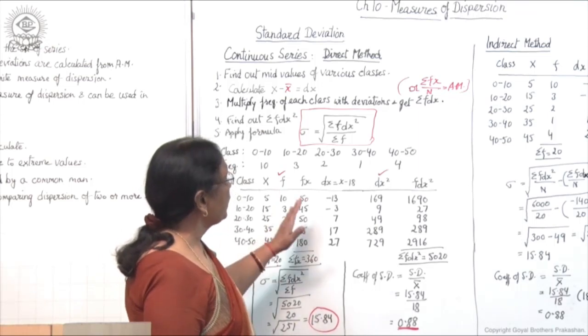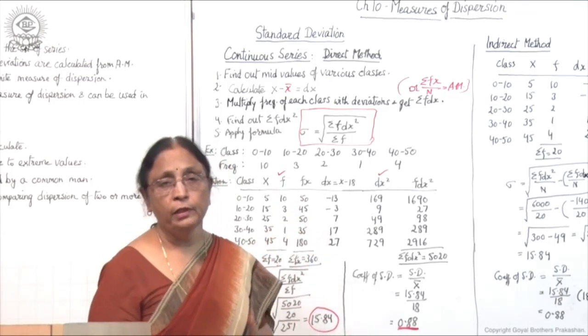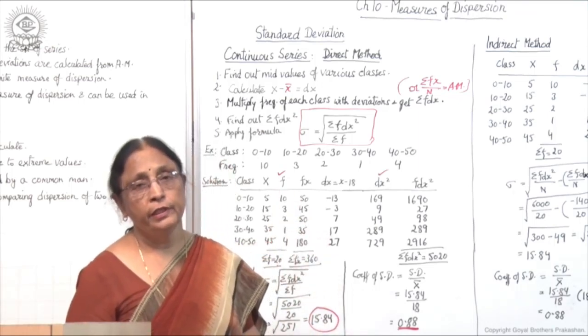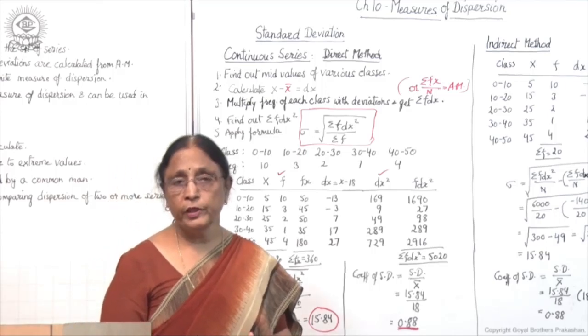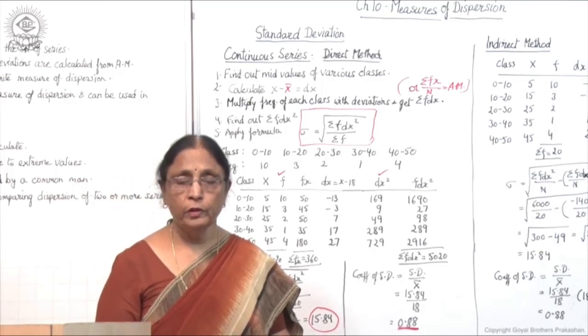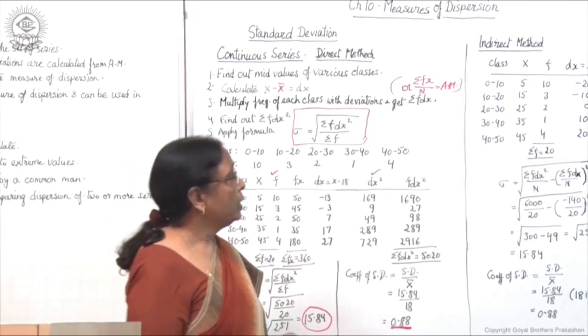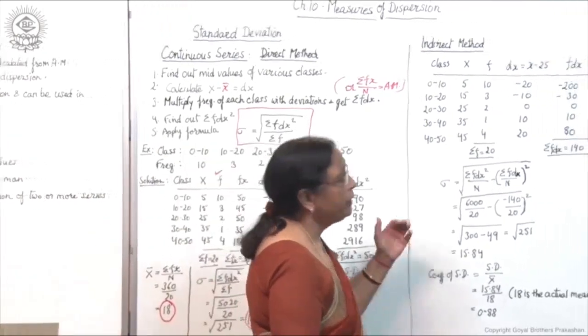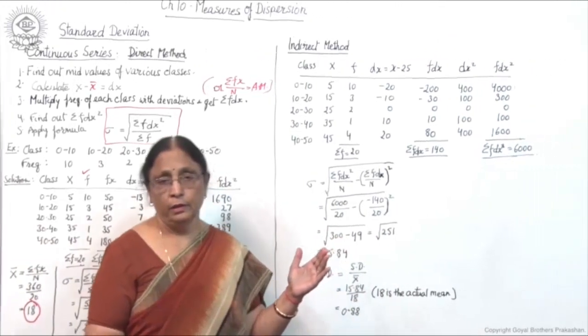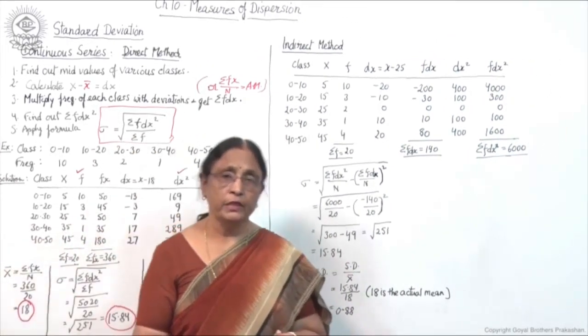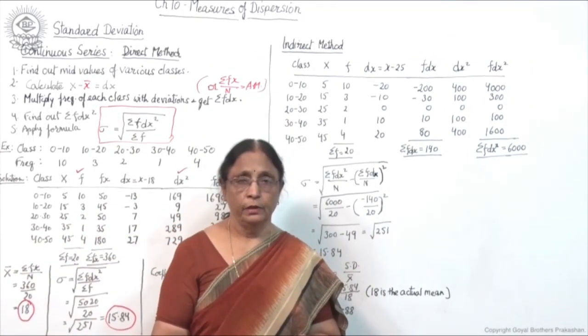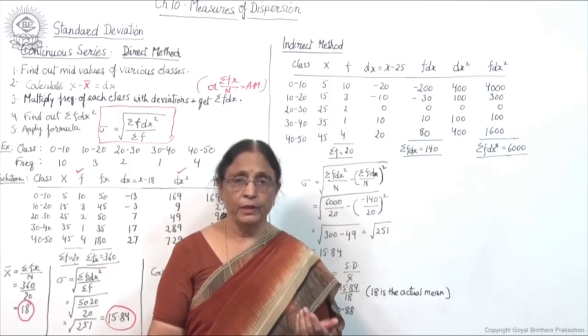So this is the direct method of calculating standard deviation in case of which type of series? This is the case of continuous series. Okay. Now next we have the indirect method, and as you know, the indirect method always has an assumed mean.